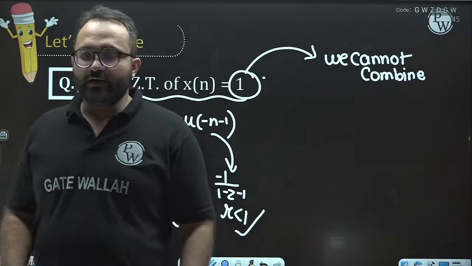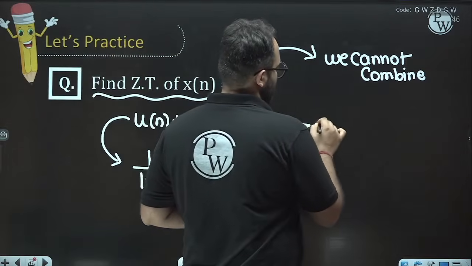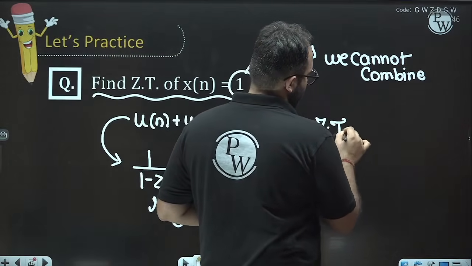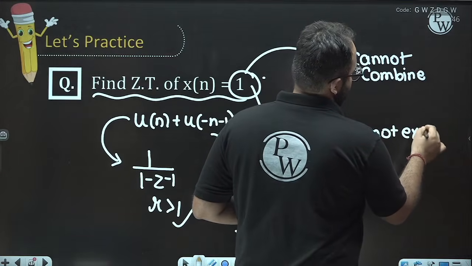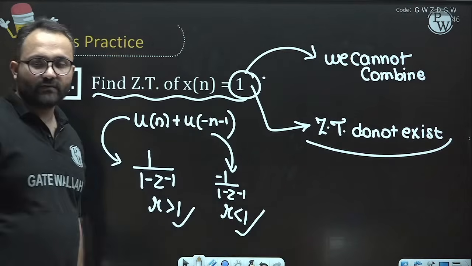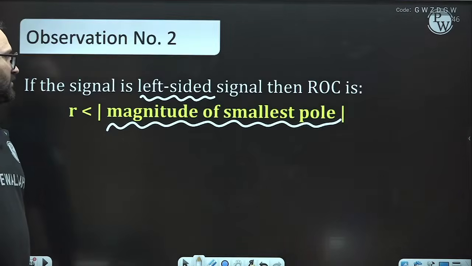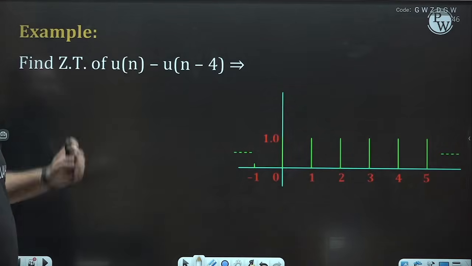That's why the Z transform of this signal does not exist. Okay. Great. Now, let's move on to one more signal.